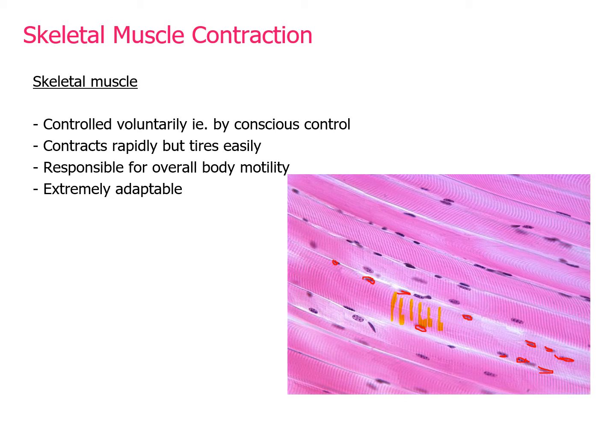This kind of tissue, when compared to cardiac muscle, tires relatively easily. It's responsible for body movement. The muscles are attached to the bones by tendons. It is also quite adaptable. It will increase in size, not number.